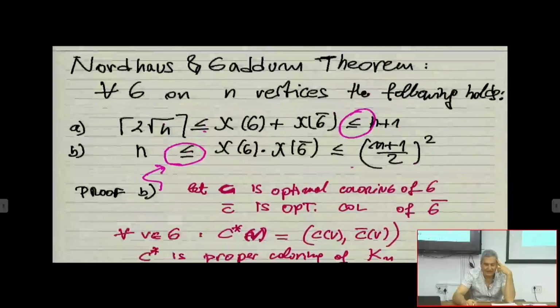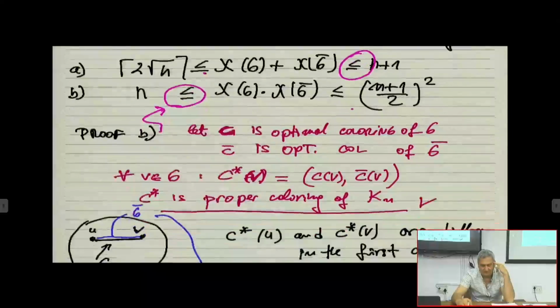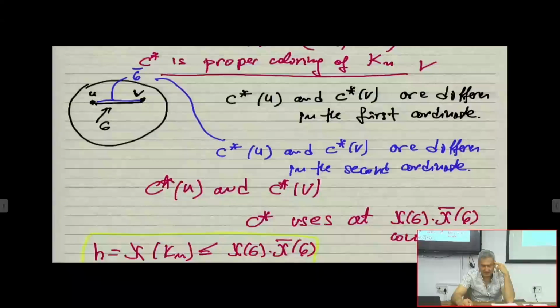So next thing we'd like to prove is that the sum of the chromatic numbers is bounded by n plus 1. When we have this bound and when we have this bound, these two follow immediately. We can try, but I think it's not necessary. It's like arithmetic geometric means and something like that. So let's prove this bound.